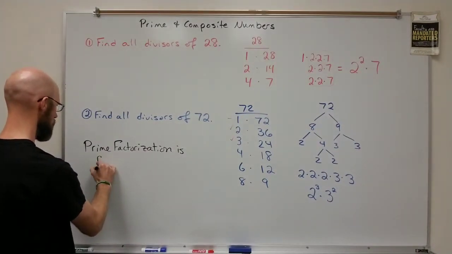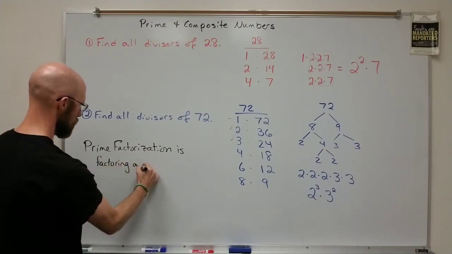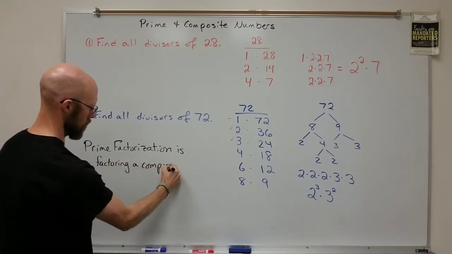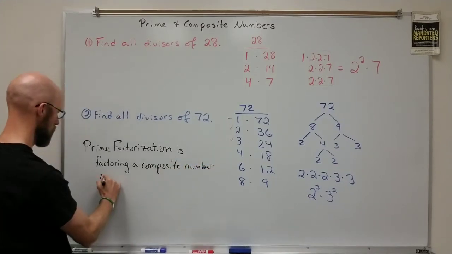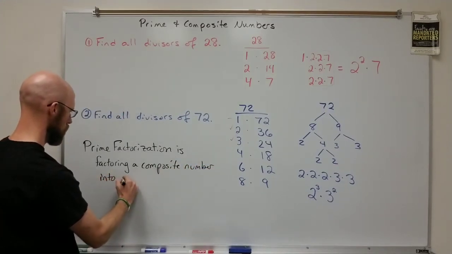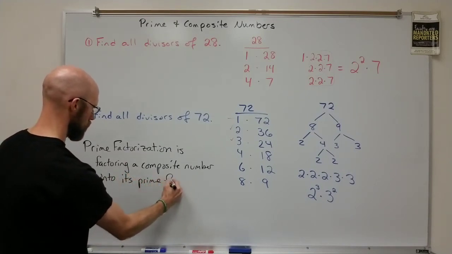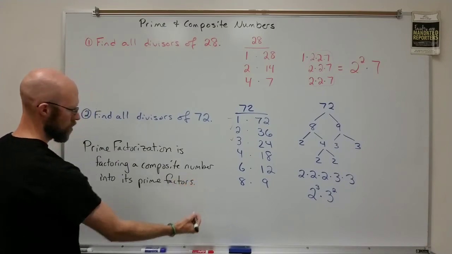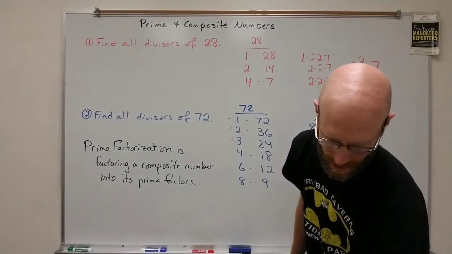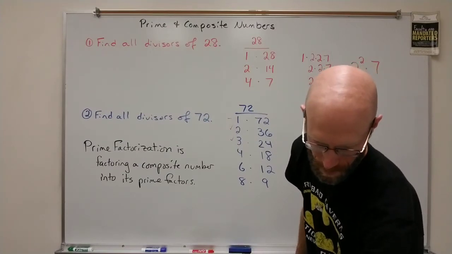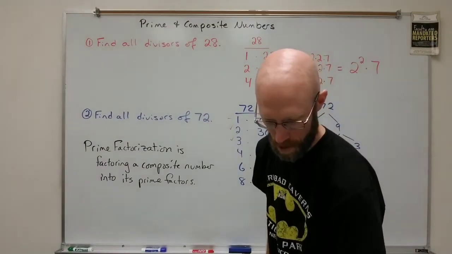Is factoring a composite number into its prime factors. Something like that, I don't know. Not the most technically precise definition. I'm sure there's a better one in the textbook here.